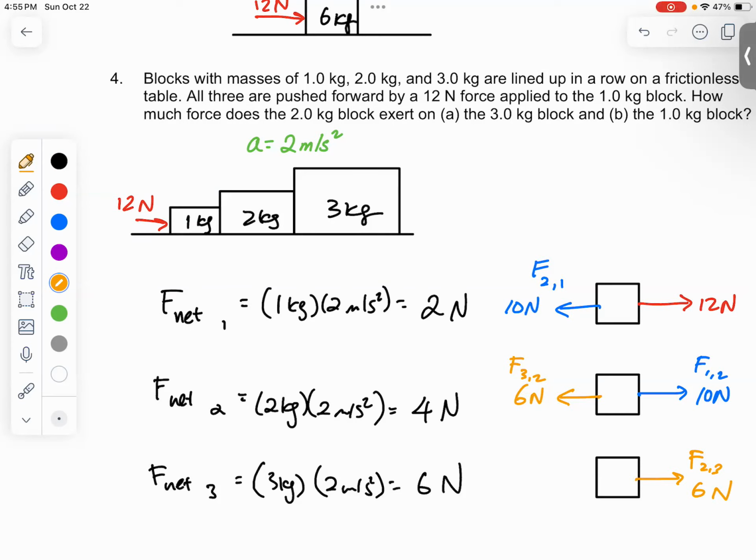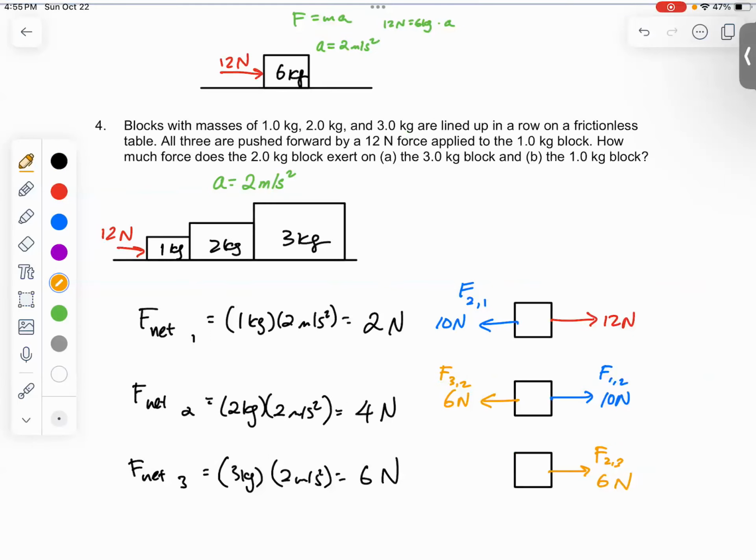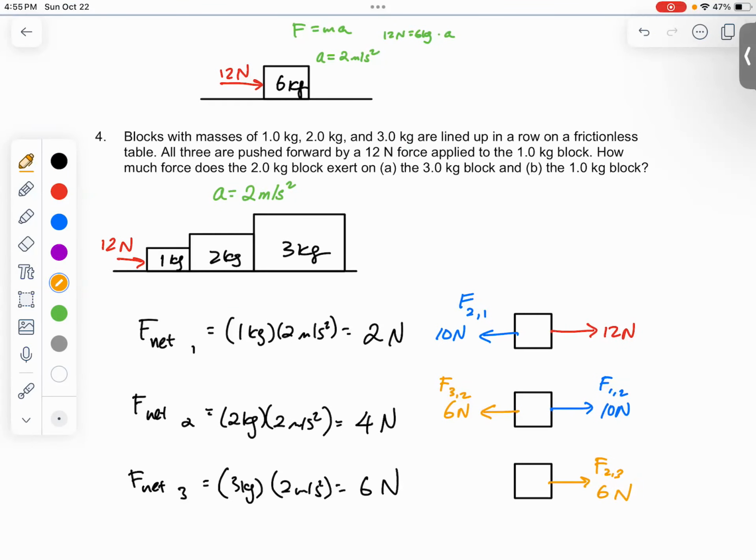Now, I find this kind of question pretty challenging to understand at the very beginning, because with multiple objects together, think about how you answer the question of, do they share the same acceleration or not? That already tripped up a lot of people. And then to draw these free body diagrams and to understand net forces is very challenging.